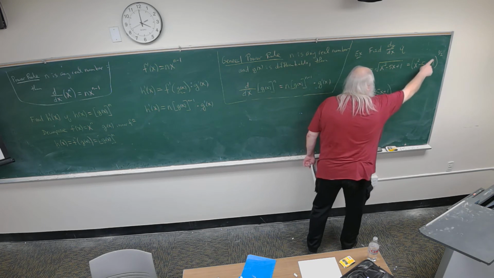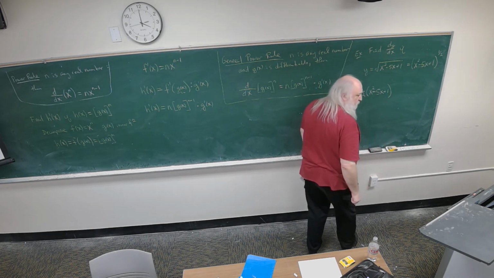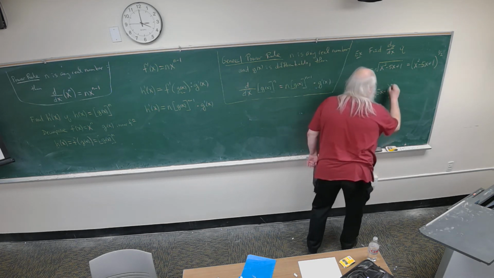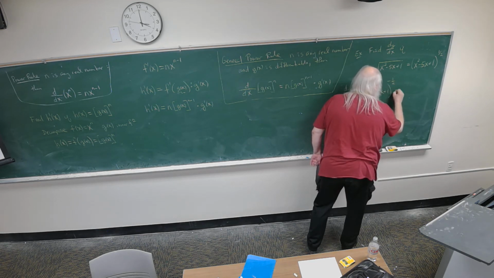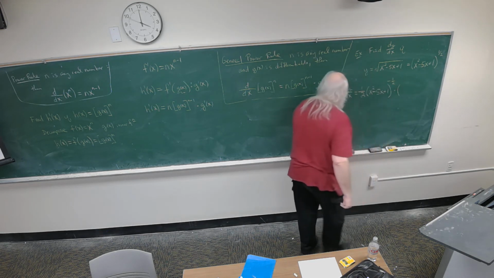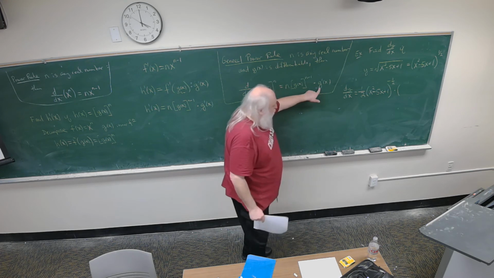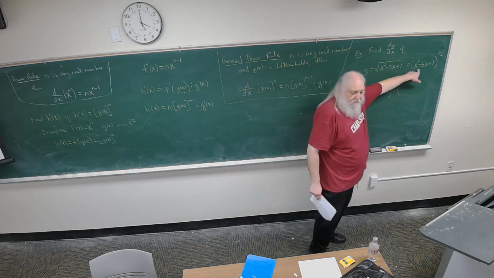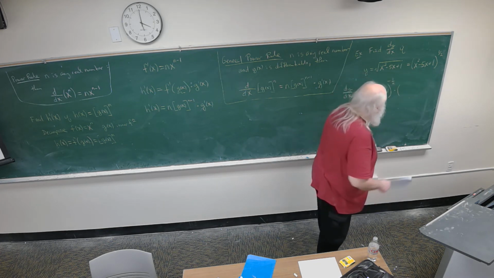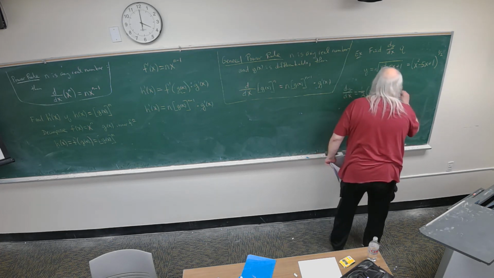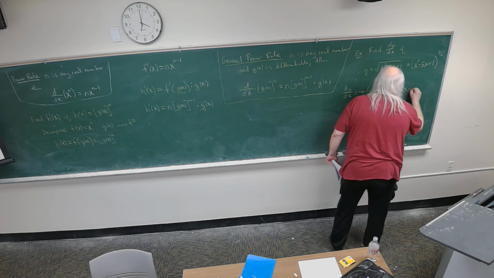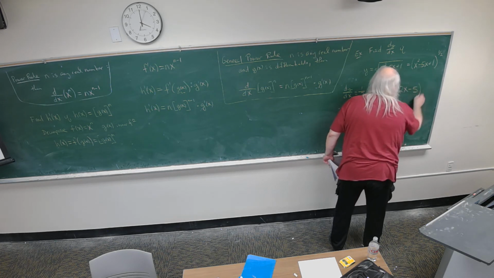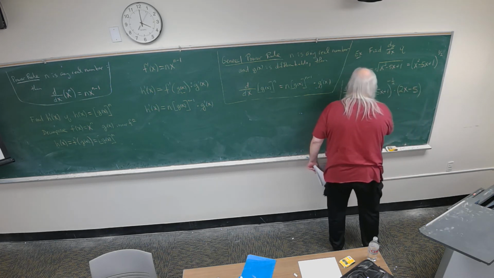Then you subtract 1 from the exponent, just like with the power rule. 1/2 minus 1 is minus 1/2. The last step is to multiply by the derivative of the inner function, which is what's in parentheses here. The derivative of x squared is 2x, the derivative of minus 5x is minus 5, and the derivative of plus 1 is 0.